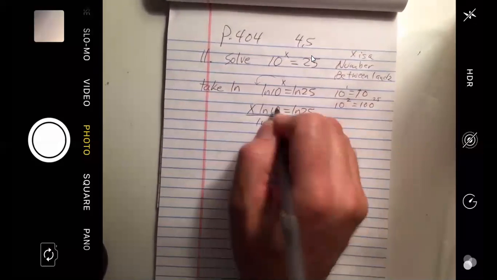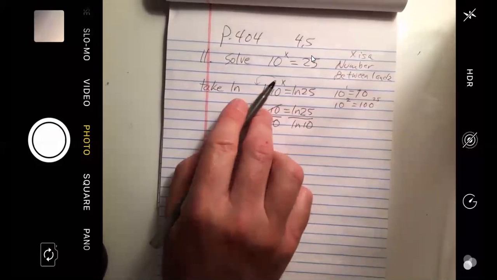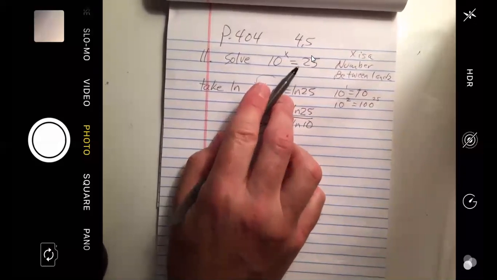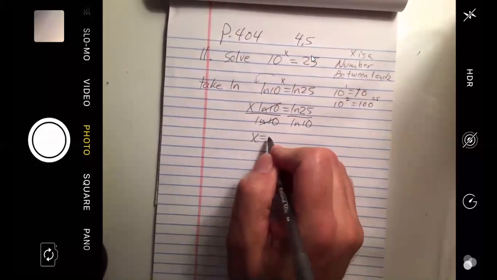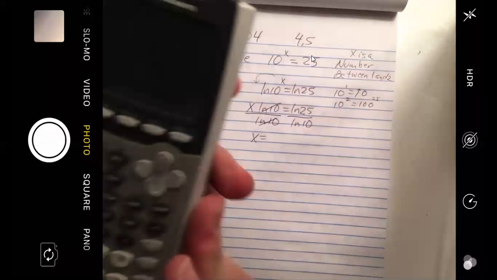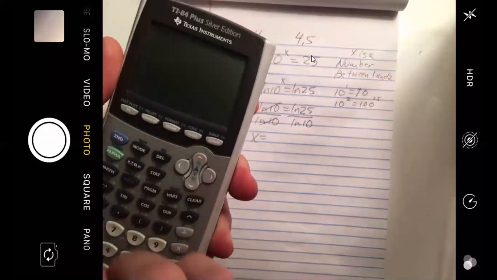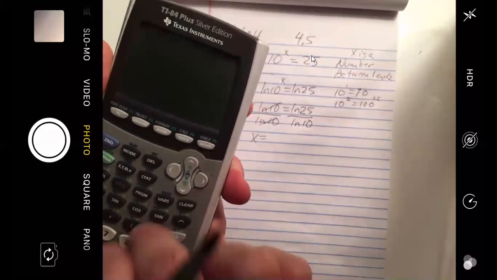There's our change of base, that if I'd used a log base 10 on both sides, I'd get log base 10 of 25, which works out to ln 25 divided by ln 10. So take ln 25 divided by ln of 10.